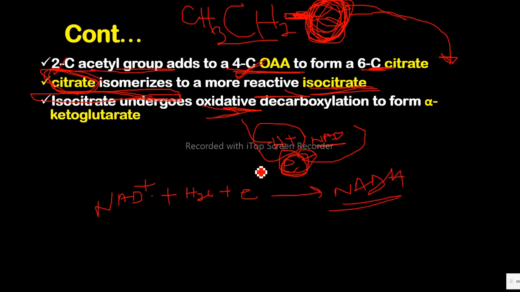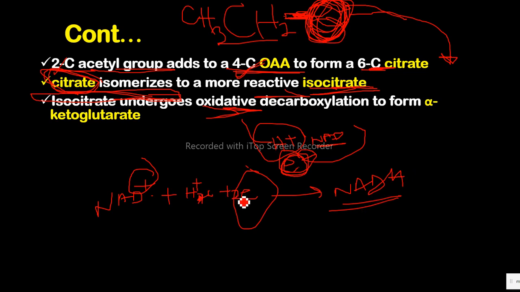Now this reaction is balanced because this electron will neutralize this positive charge. Oh, this is madness. So to form the reduced NAD, and to balance the equation, you can put a 2 here. So there are 2 electrons that are moving.